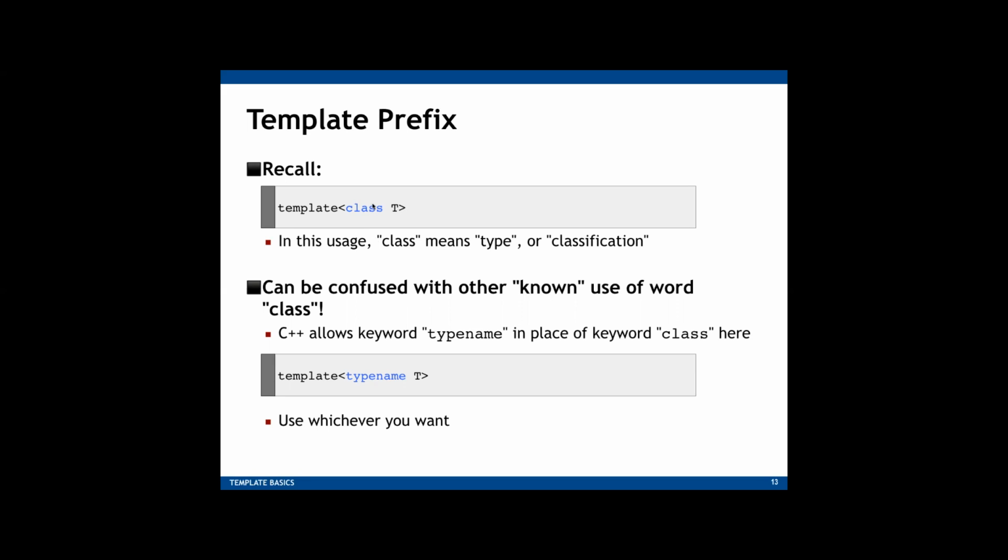And instead of using the class keyword, you can use the typename keyword as shown here. It's your choice whether you use the class keyword or the typename keyword here. It is your choice.